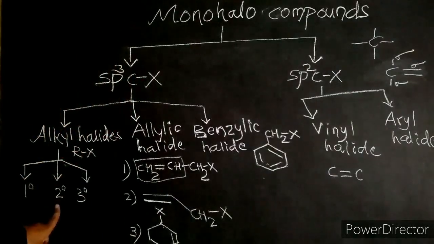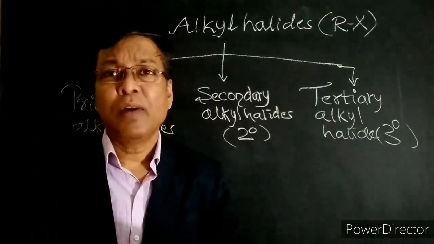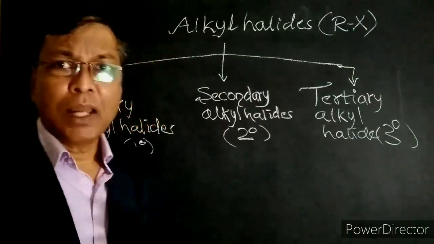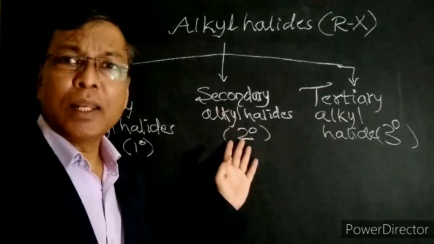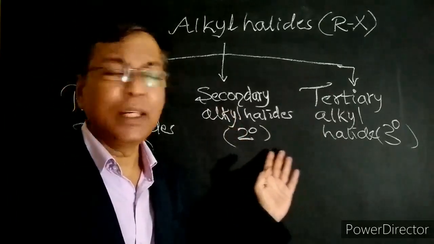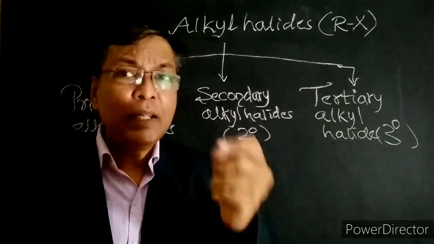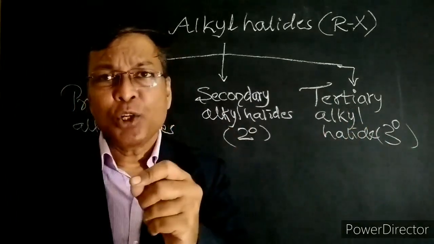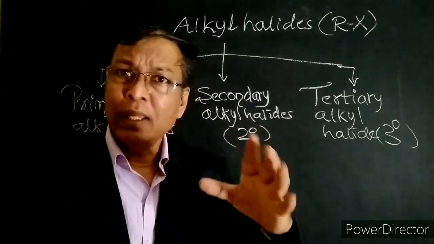This is important. Alkyl halides are further classified into primary alkyl halides, which are represented by 1 degree, secondary alkyl halides, represented by 2 degree, and tertiary alkyl halides, represented by 3 degree, depending upon the nature of the carbon atom to which the halogen atom is directly attached.